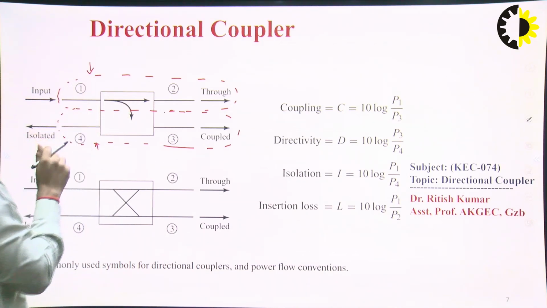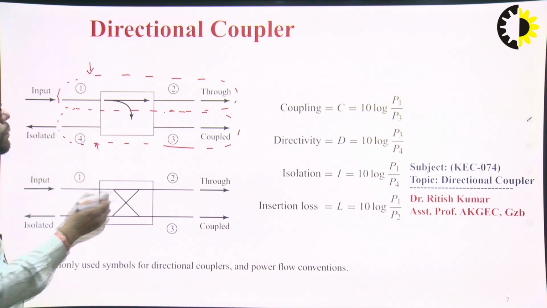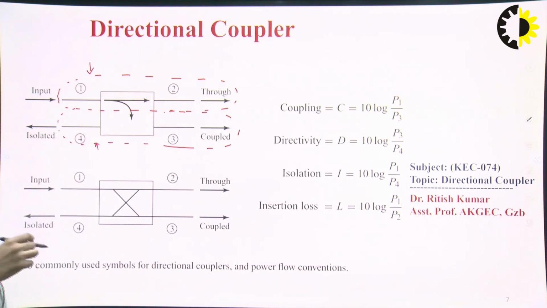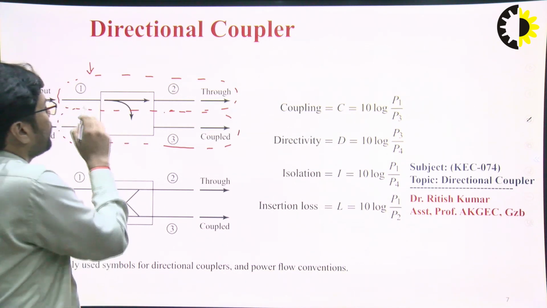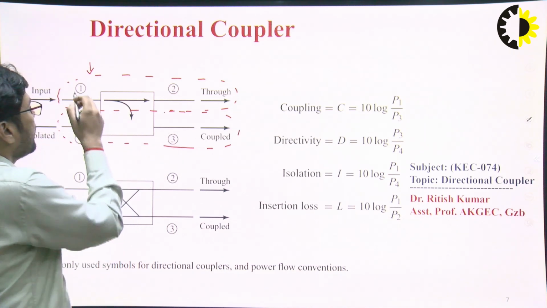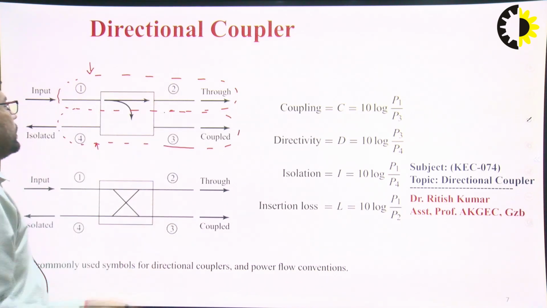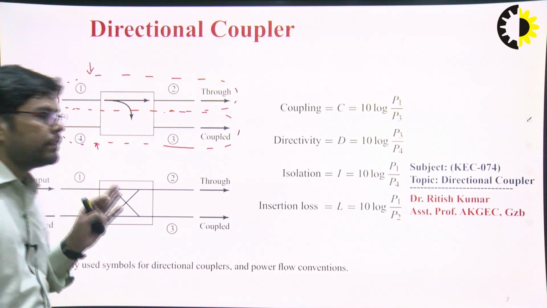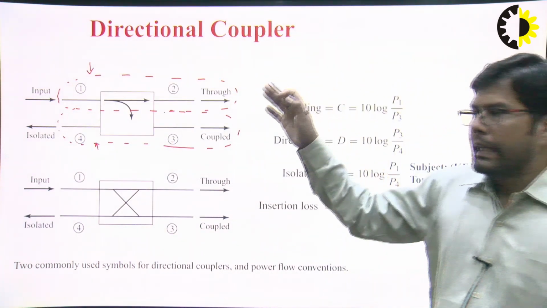If you apply the input at port number 1, you will get power at port numbers 2, 3 and 4 respectively. The coupling occurs between port 1 and port 3, at port 2 you get the throw power, and port 4 is the isolated port. Why we call them isolated port, coupling port and throw port, we will learn with the 2-port coupler in the next slide.